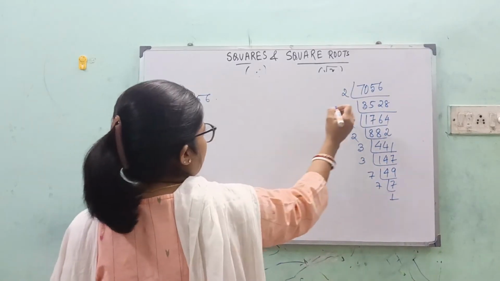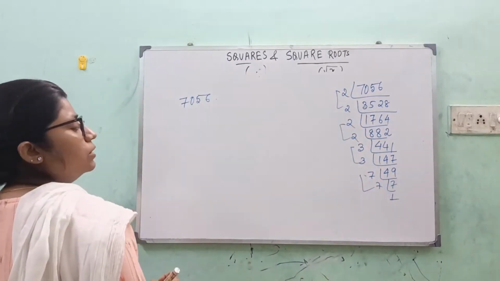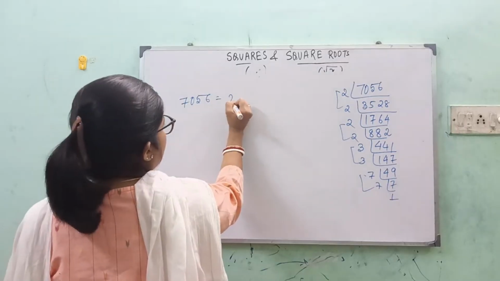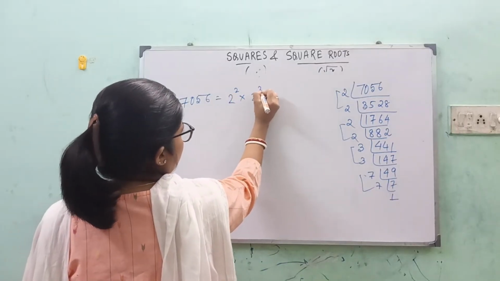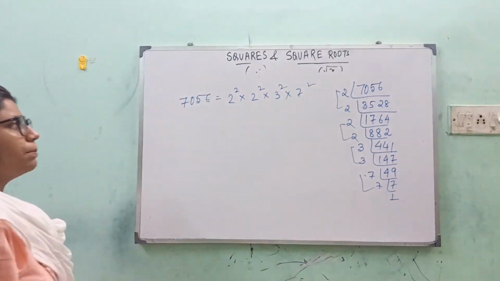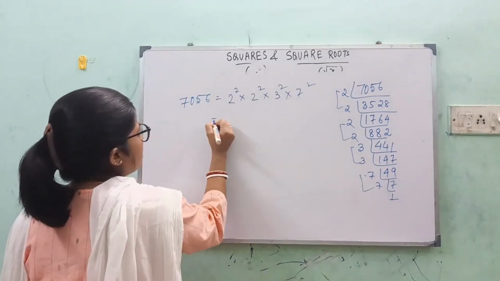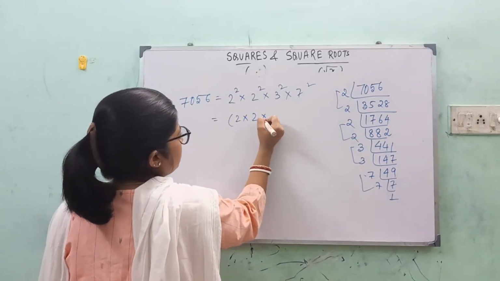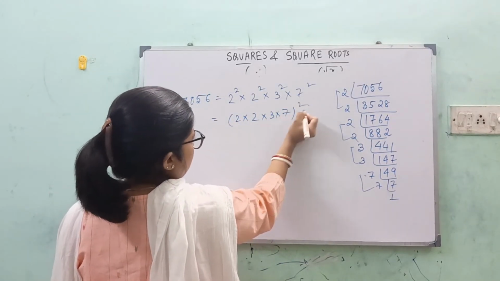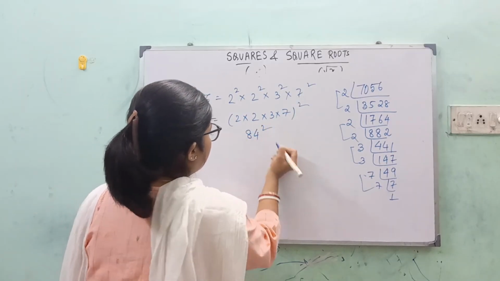So we can see we could express it in the form of pairs. That means 2 square, 2 square, 3 square, 7 square. See, all the prime factors are in the form of pairs because of power 2. That means this is 4 times 12, 12 times 7 is 84. 84 square.